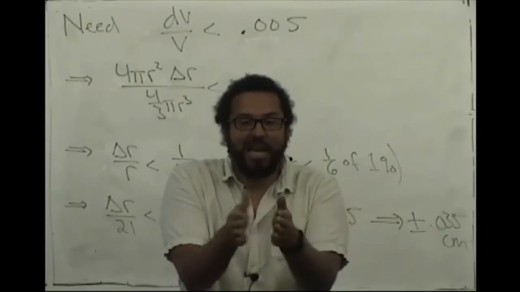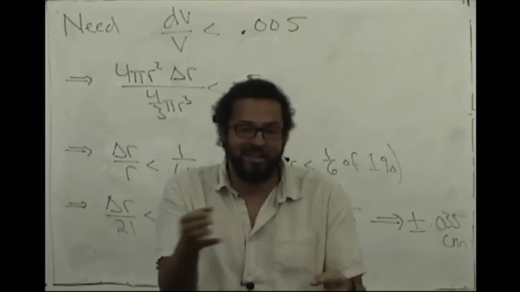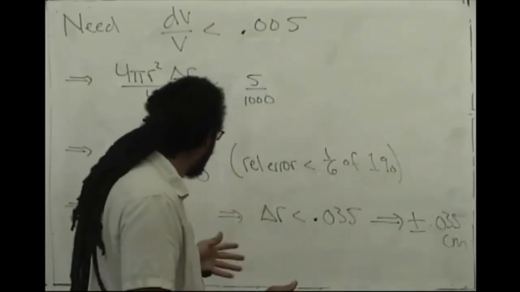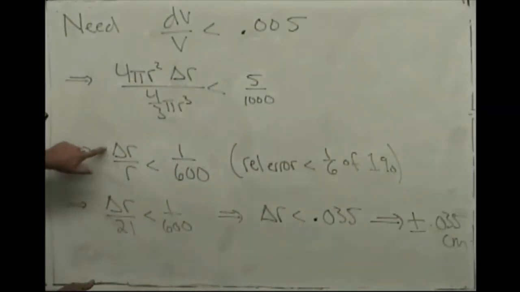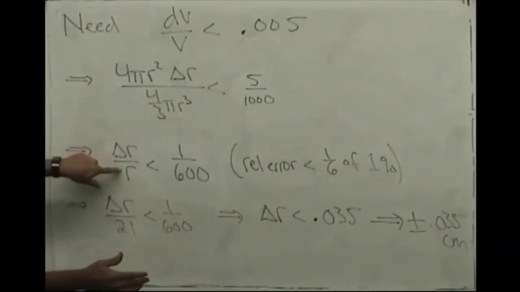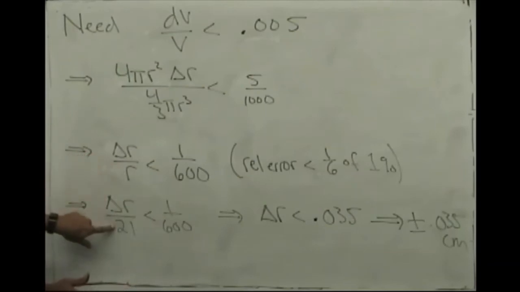How much am I allowed to be off, plus or minus how many centimeters? So delta R over R, that's how much I'm allowed to be off over the measured radius, which is 21, and that needs to be less than 1 over 600. So what's delta R? That's what I'm looking for.